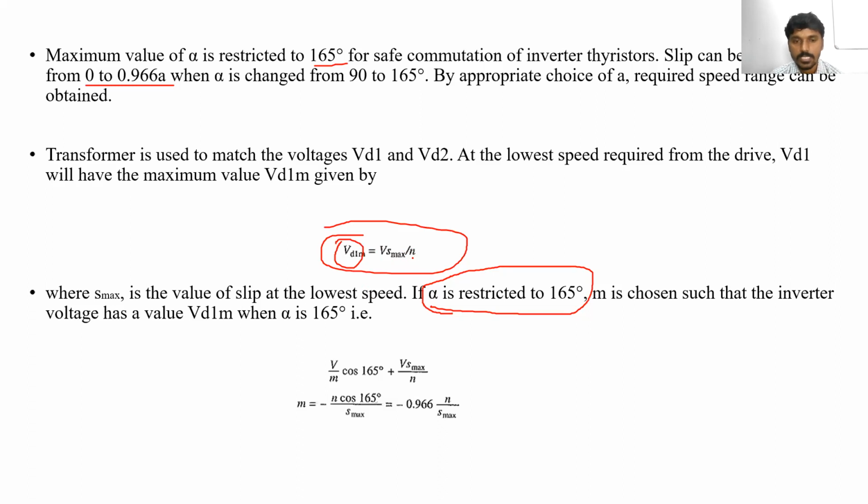That is equal to V by M into cos 165 degrees plus Vs maximum by N. So M is equal to minus N into cos 165 degrees by S maximum, which is equal to minus 0.966 N by S maximum.